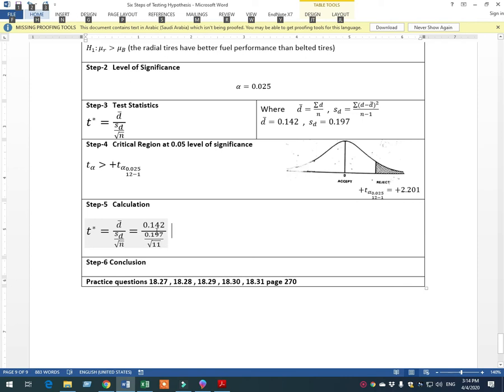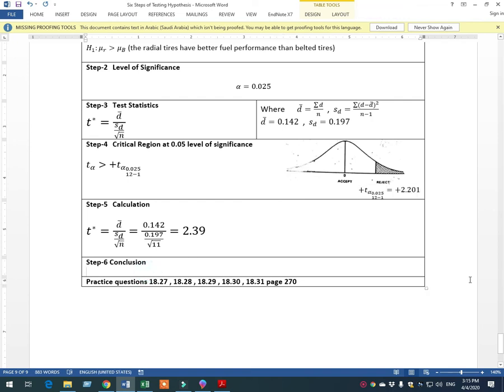I got these put values, and by solving this we get this answer. That is our calculated T, and that is our tabulated T. We can see that the calculated T value lies above our tabulated value. It is a little bit above, but it is more than this value.